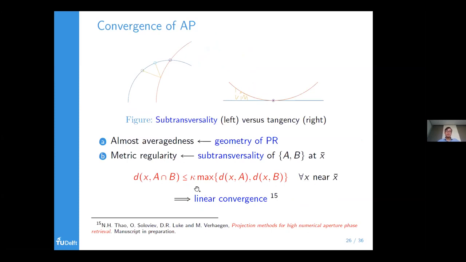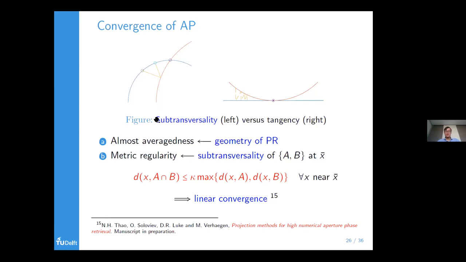Back to applying this to the alternating projection. The geometry of the problem, that means the prox-regularity of the constraint sets, gives the almost averagedness of the fixed point mapping. And the second condition about the regularity property reduces to the subtransversality property of the collection of sets at the reference point.